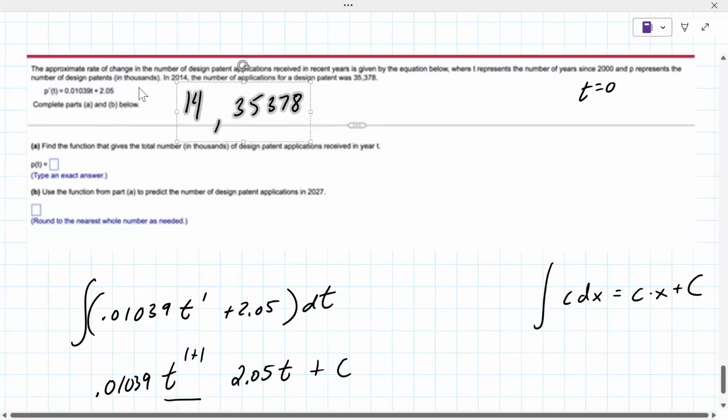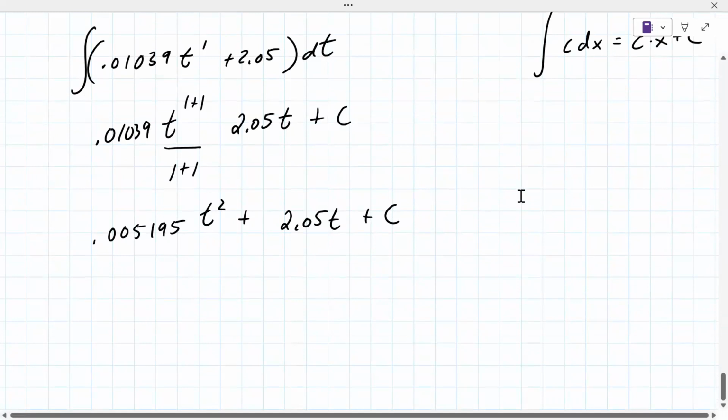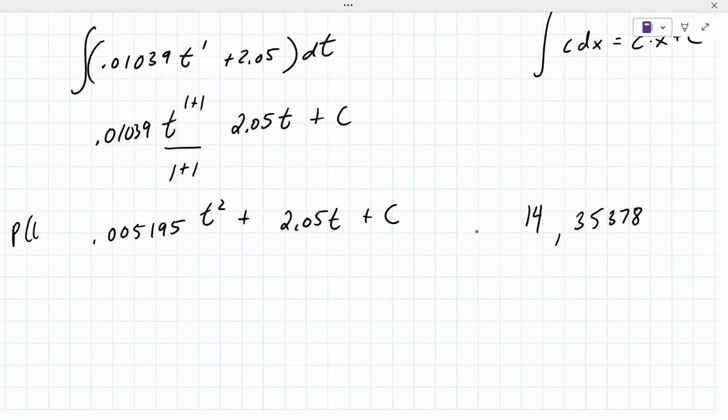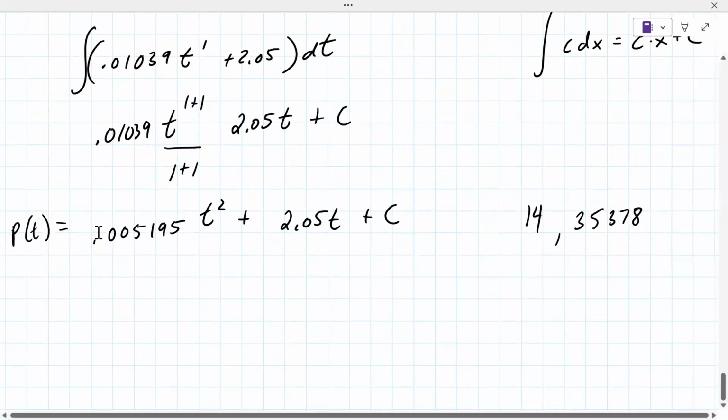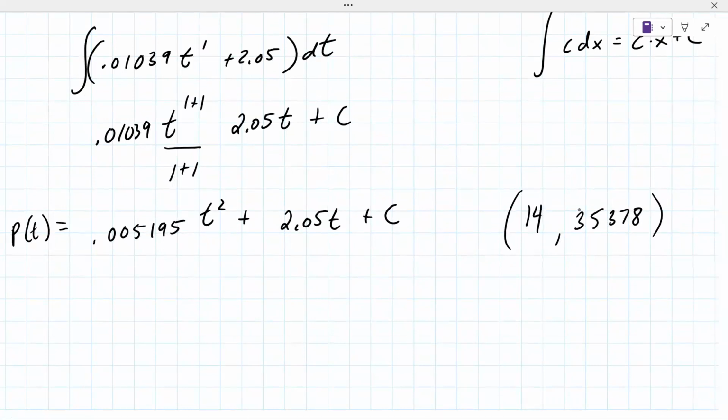So this initial condition is what we're going to use to find C. So after you do this integral, which I know you're just barely getting comfortable with, you then use this x and this y. So it's 35378 equals 0.005195 times 14 squared plus, and that doesn't seem right.